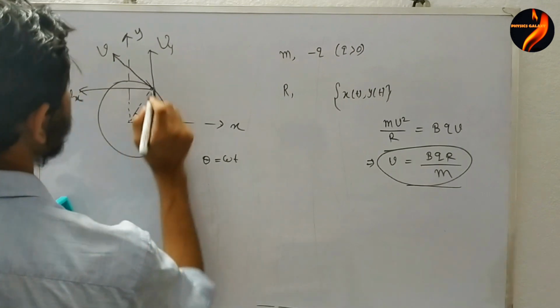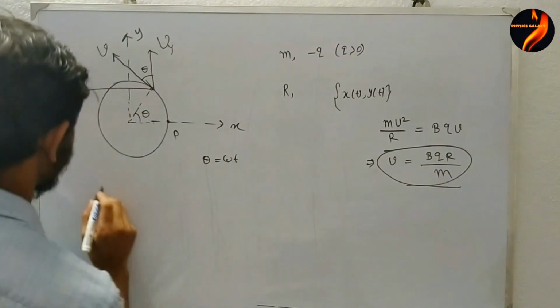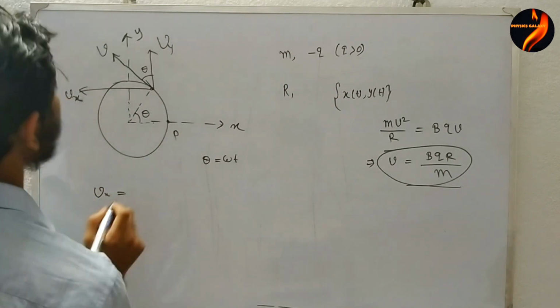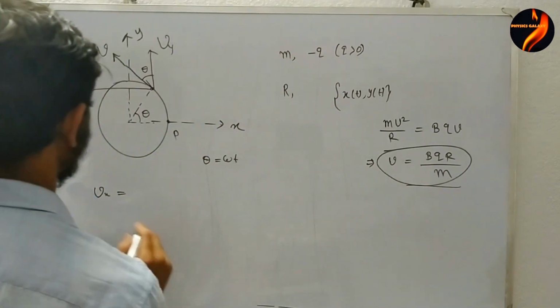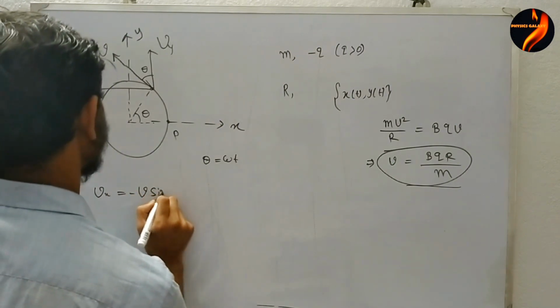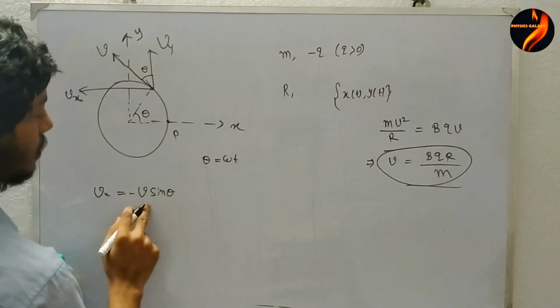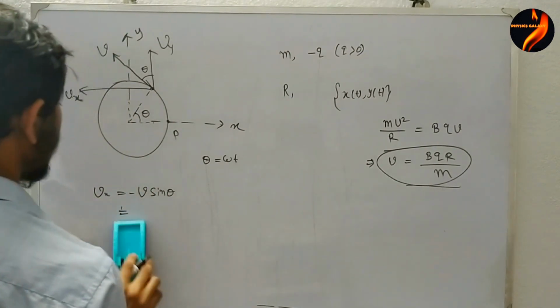Now if this angle is theta, then this angle will also be theta. So Vx is equal to minus V sin theta, as it is in the negative x direction.